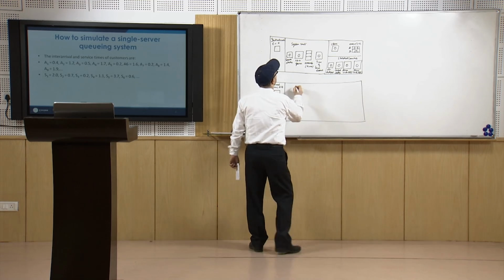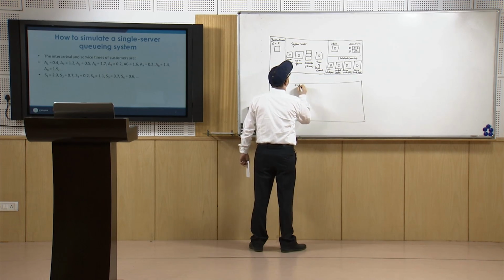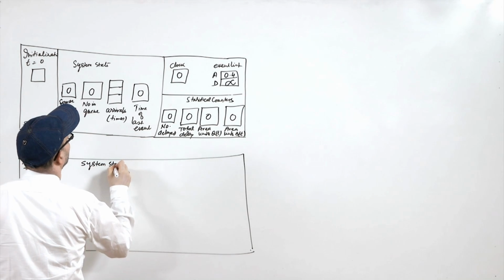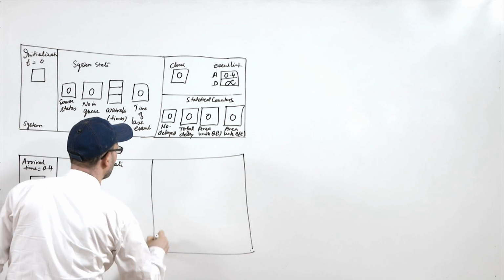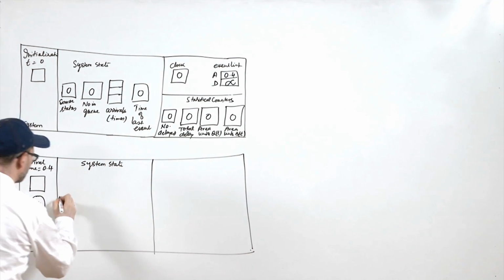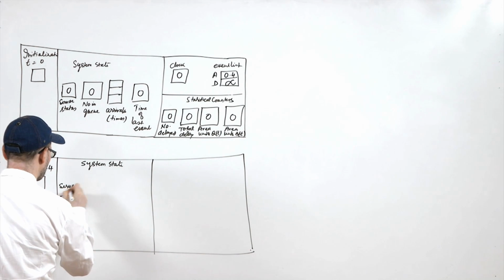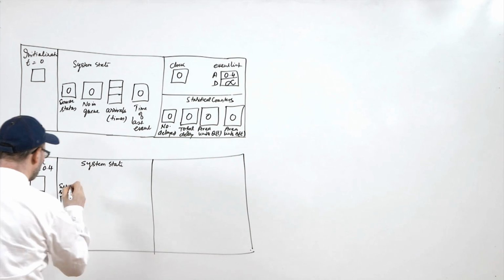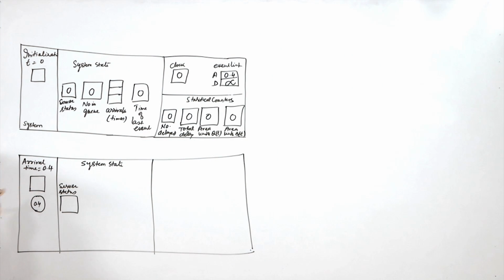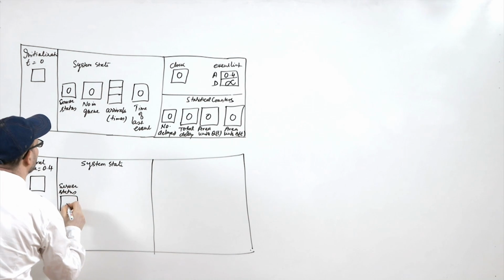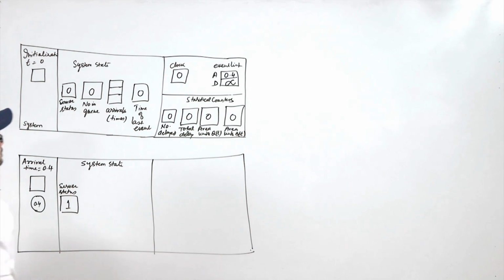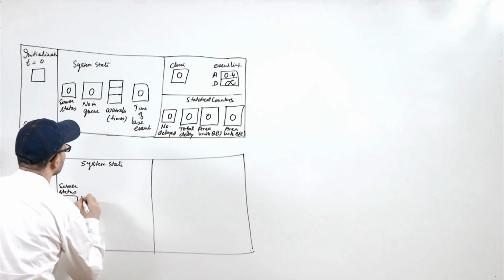Now, we are coming to the system state. In the system state you have the server status. As there is a customer in front of the server, the server state becomes busy, so it will become 1. Then number in queue.